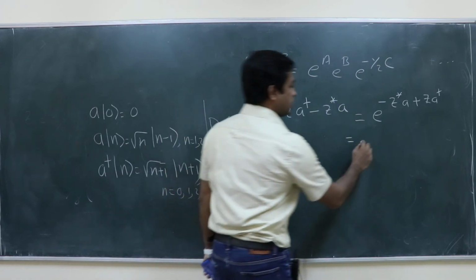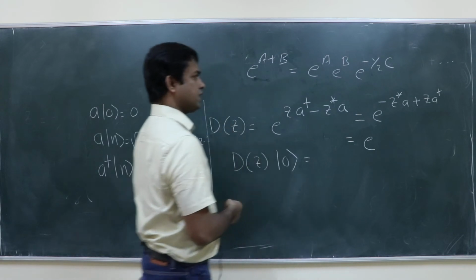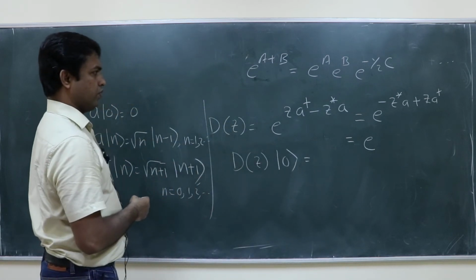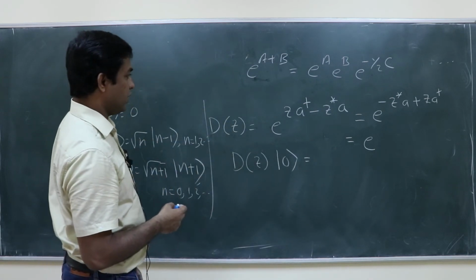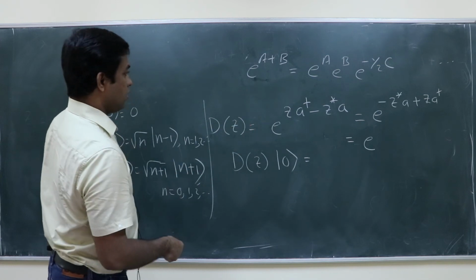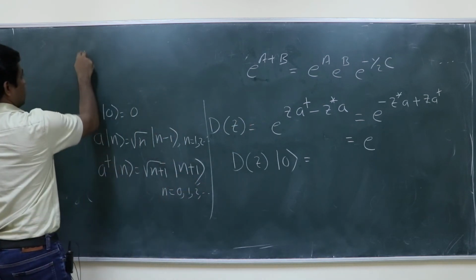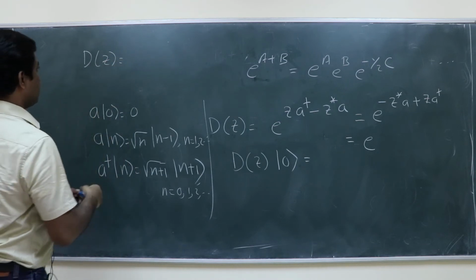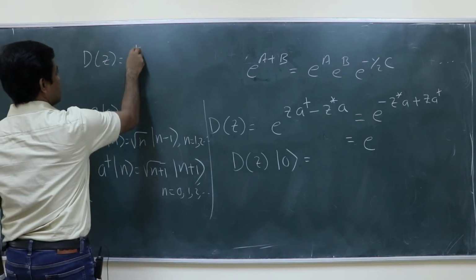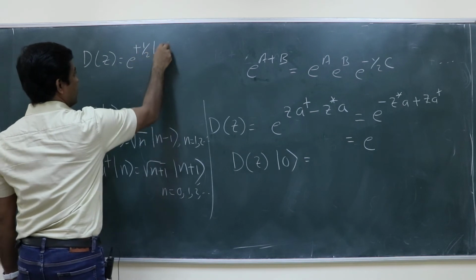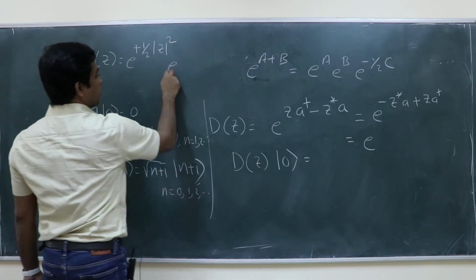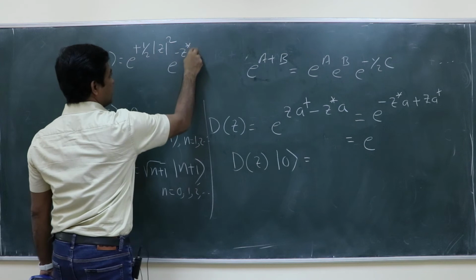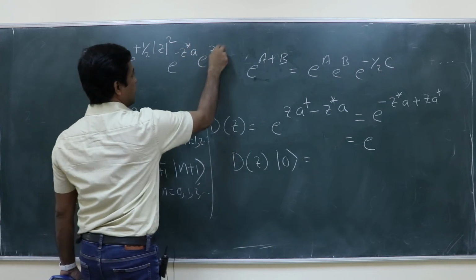Any one of them is more than sufficient. You have two formulas for this. One of them we got is e power plus half mod Z square, e power minus Z star A, e power Z A dagger.